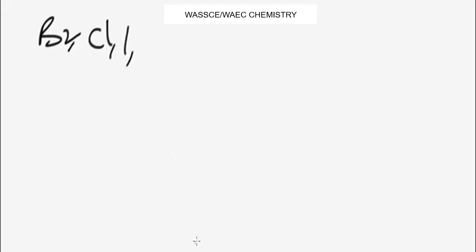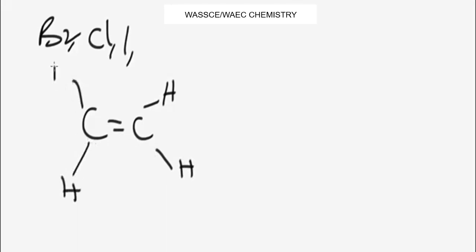Now, for example, bromine and ethene can react together to form dibromoethane. So let's use chemical structure to represent this. So this is ethene. Now, ethene reacts with bromine molecule to form dibromoethane, and this will be the chemical structure for dibromoethane.